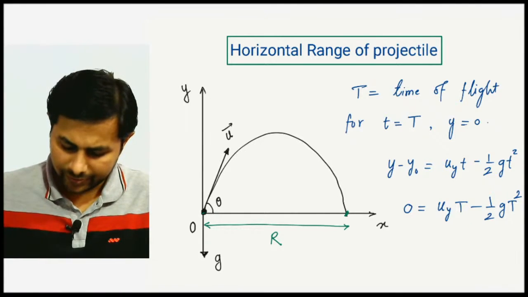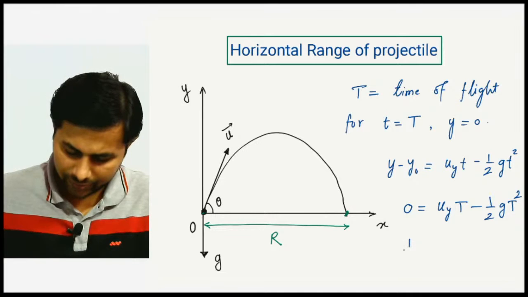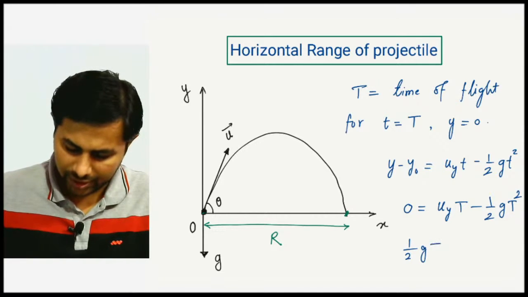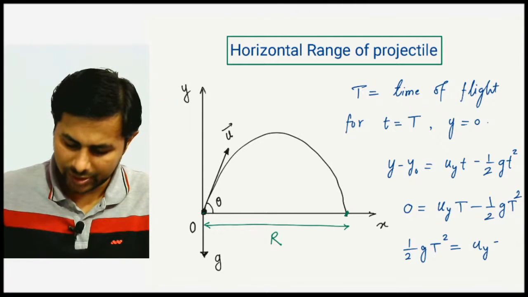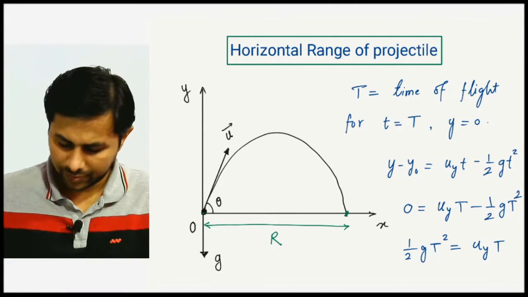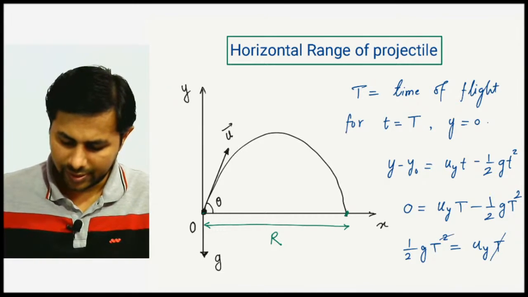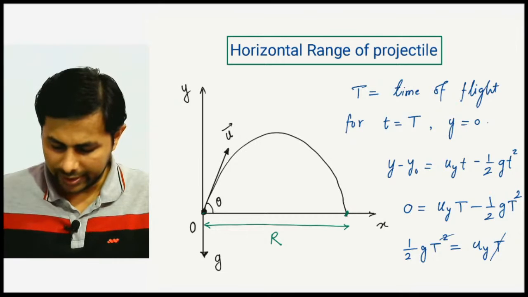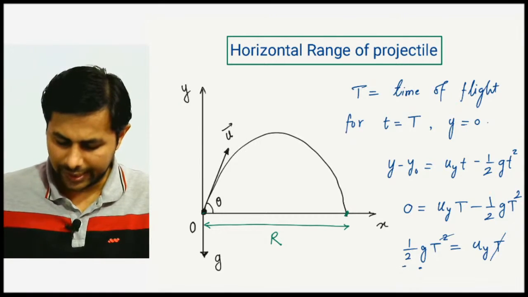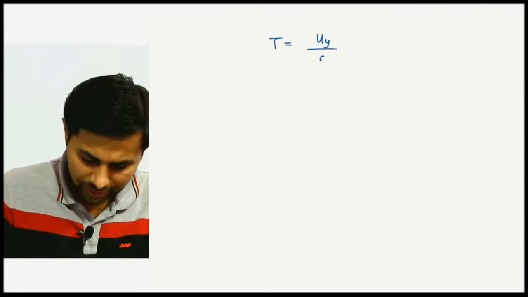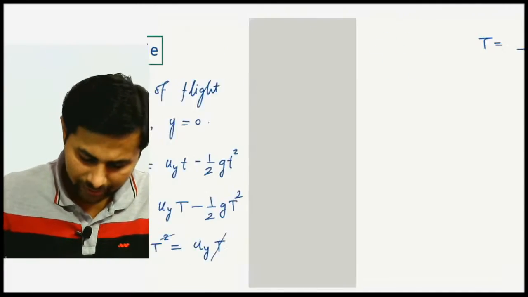So I get half of g T squared equals uy times T. So this T gets cancelled out with the square. Now I will take this 2 and g to the other side. T equals uy upon g multiplied by 2.